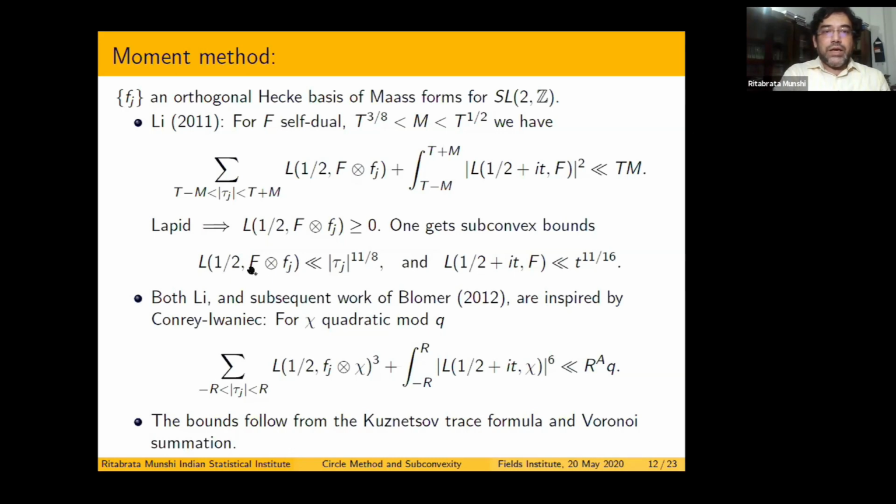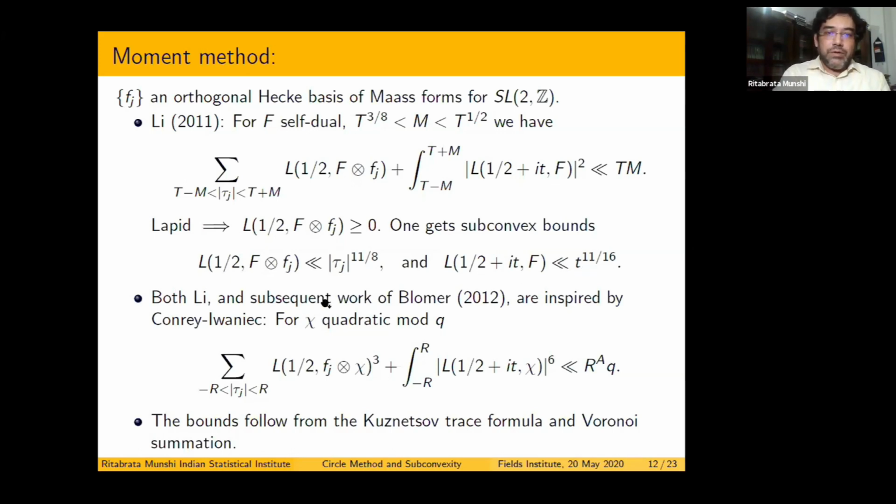But she had to take capital F to be a symmetric square lift, because otherwise you don't have this non-negativity, and then there is nothing you can derive from such an inequality. And also she got the t-aspect subconvexity for the GL3 symmetric square. Again here 12 by 16 would be the convexity bound, and she got 11 by 16.